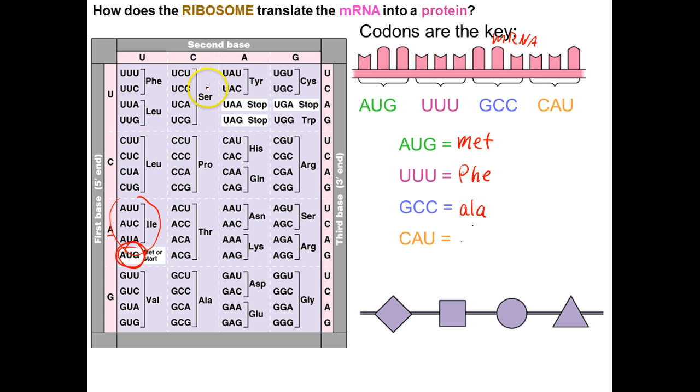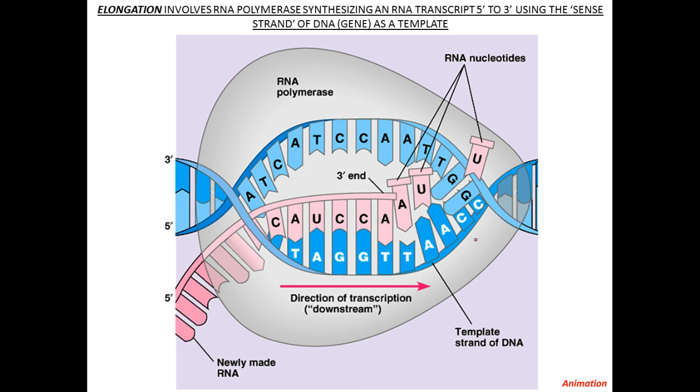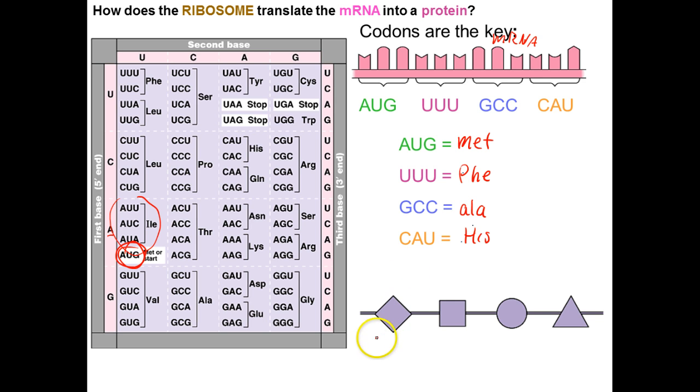And CAU, here's CAU, and that's HIS. Then at the ribosomes, you assemble this sequence of amino acids: MET, phenylalanine, ALA, HIS. This short segment of polypeptide would represent a particular protein.